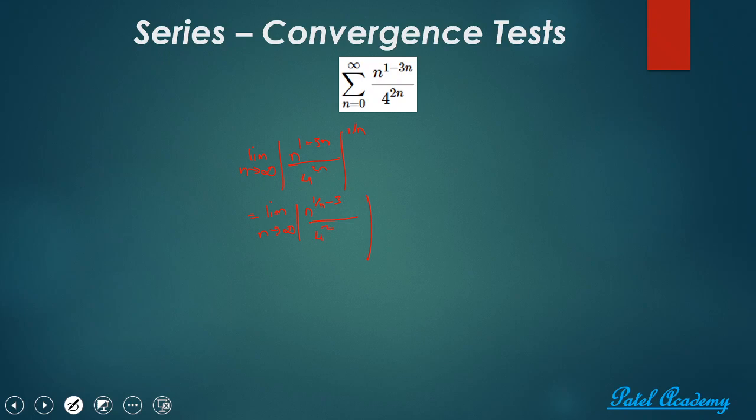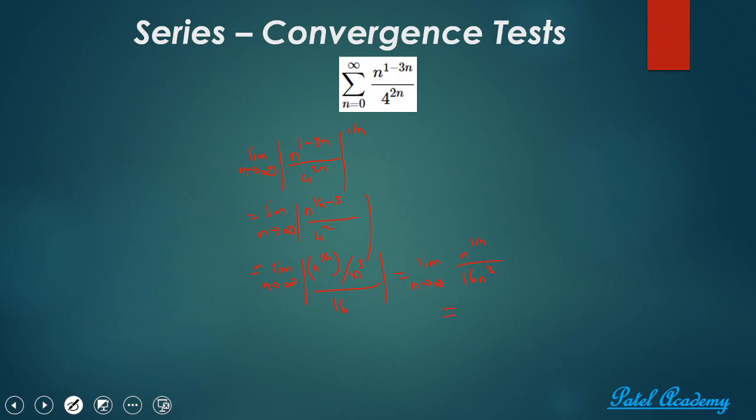Right? Because in the top, I multiply the power by 1 over n, so I get 1 over n minus 3. And so this is equal to the limit as n approaches infinity of n to the power of 1 over n, because of this subtraction, divided by n cubed, and then all divided by 16, which is equal to the limit as n approaches infinity of n to the power of 1 over n over 16 n cubed.